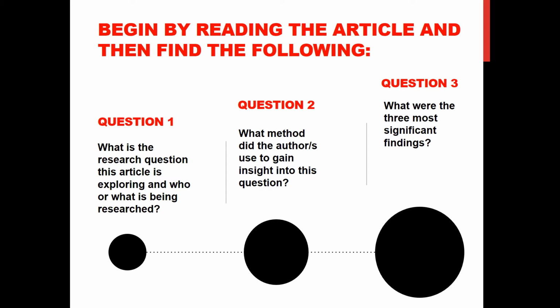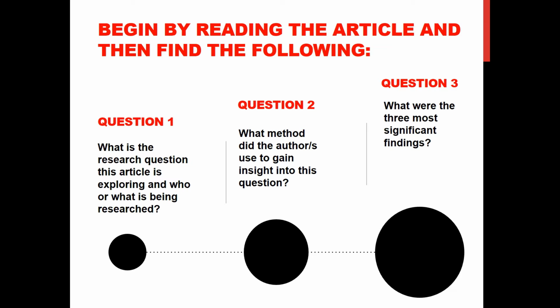Okay, so every article has a particular focus. It's trying to address a particular question, and you need to identify that. Sometimes it's a bit implicit, and other times it will be explicitly stated, but you need to find out what it is in particular, very specifically, what is this article exploring?